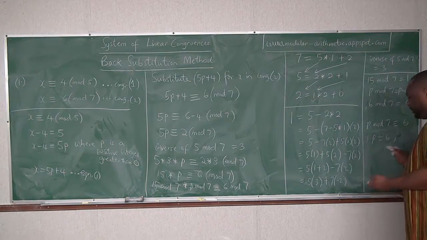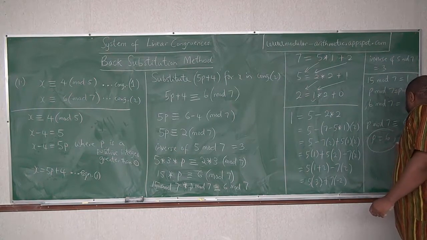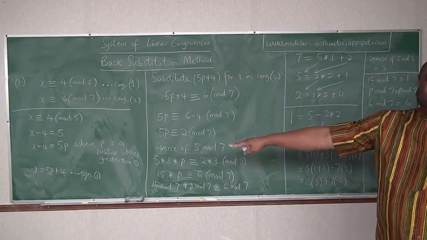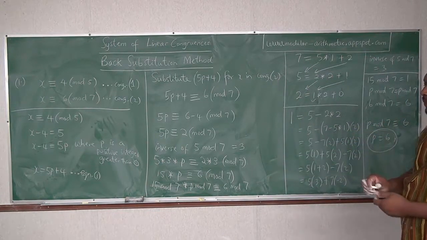Let me circle it with yellow chalk because we will use it. We will now substitute this here to find our x. So we found our p.